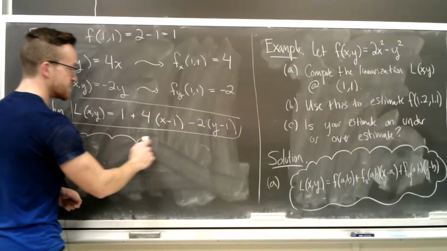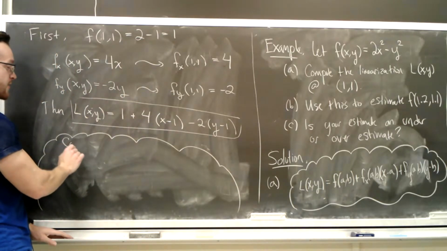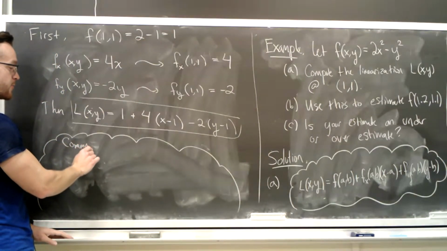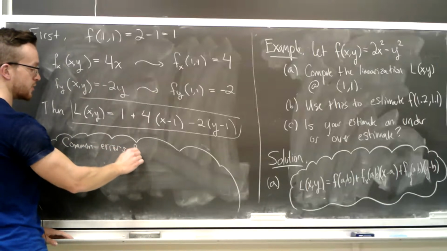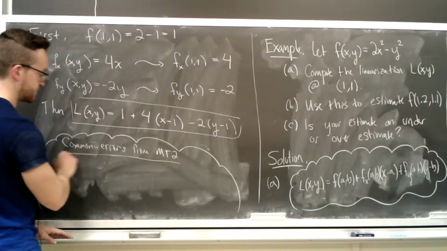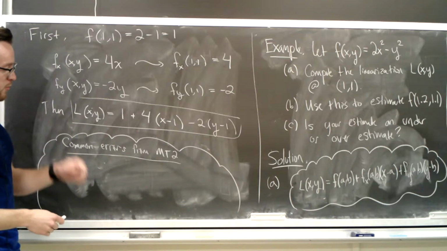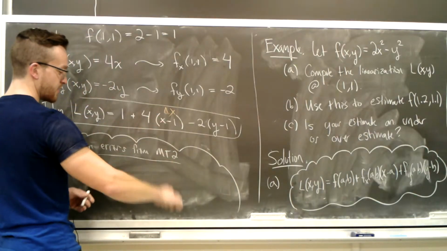Really quickly, just because I've got all the time in the world, some common errors from midterm 1 or midterm 2 when you had to do this kind of thing. One of them was to write delta x here or something like that.